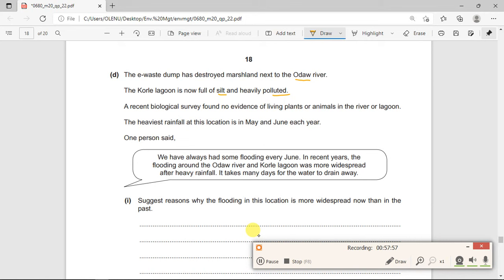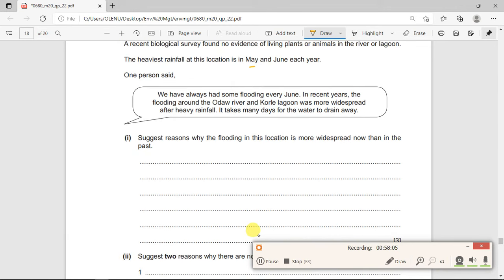The heaviest rainfall at this location is in May and June each year. One person said, "We have always had some flooding every June. In recent years, the flooding around the Ode River and the Koli Lagoon was more widespread after heavy rainfall. It takes many days for the river to drain away." Suggest a reason why the flooding in this location is more widespread now than in the past.